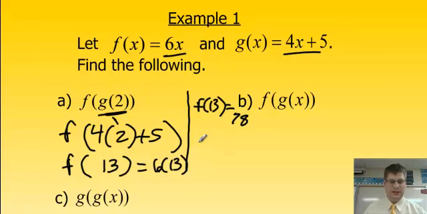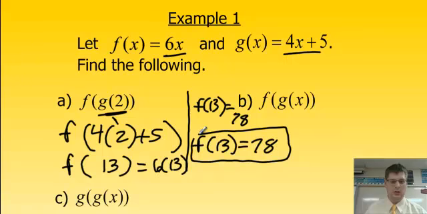Let me rewrite that, that was messy. f of 13 is equal to 78. So I would box that in, like so. Now let's look at part B.